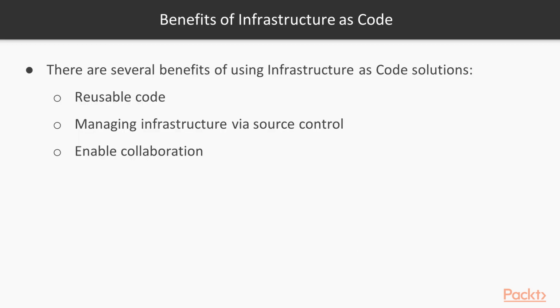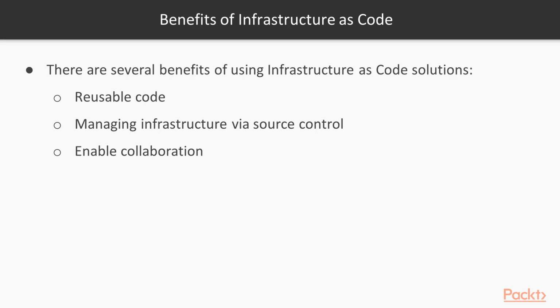So there are a few advantages, or I would say benefits, of infrastructure as code. One is reusable code. If I write code which would develop this kind of an environment, I can reuse that entire code to develop a similar environment in staging and a similar environment in production. That is what is referred to as reusable code. Second is managing infrastructure via source control.